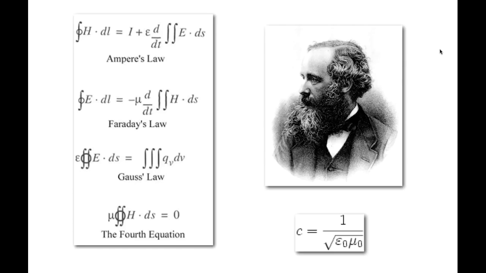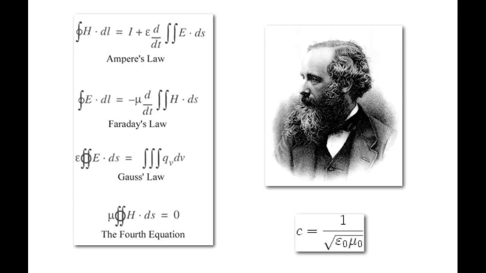James Clerk Maxwell had predicted that there was a form of wave called electromagnetic wave, and he worked that out through combining a number of known laws to do with both electricity and magnetism.